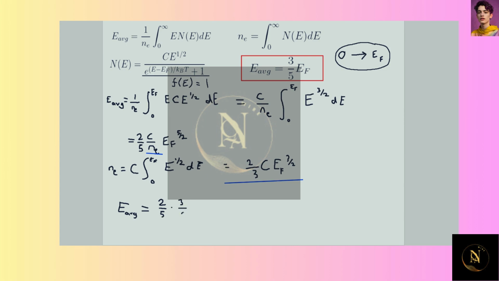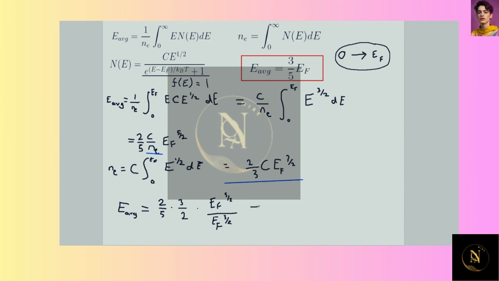We just flip the fraction. And then the C's will cancel, leaving us with E_F to the 5 over 2 over E_F to the 3 over 2.